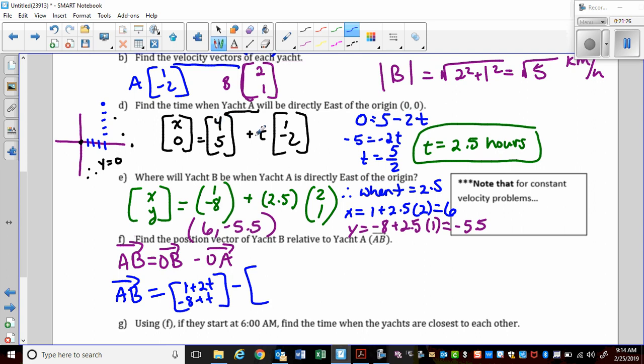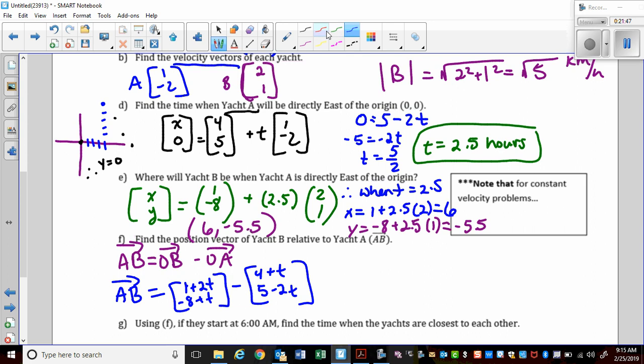So we have 4 plus T times 1, which is 4 plus T. And then the bottom one is 5 plus negative 2T, so 5 minus 2T.